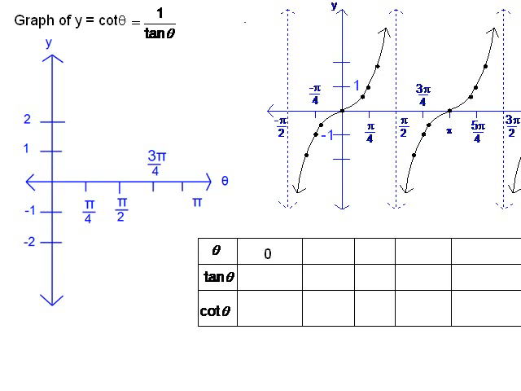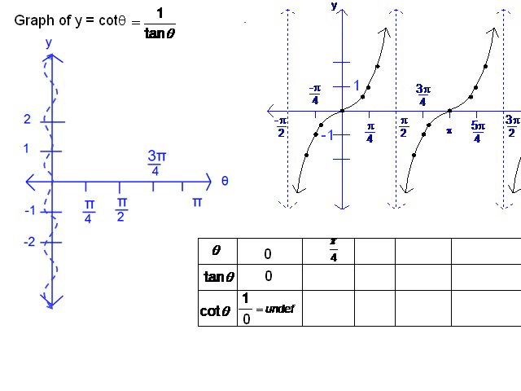So when theta is 0, tangent is 0. Cotangent is going to be 1 over 0 because cotangent is 1 over tangent. Well, 1 over 0 is undefined. So cotangent is undefined at 0. So we have an asymptote on the y-axis for cotangent.